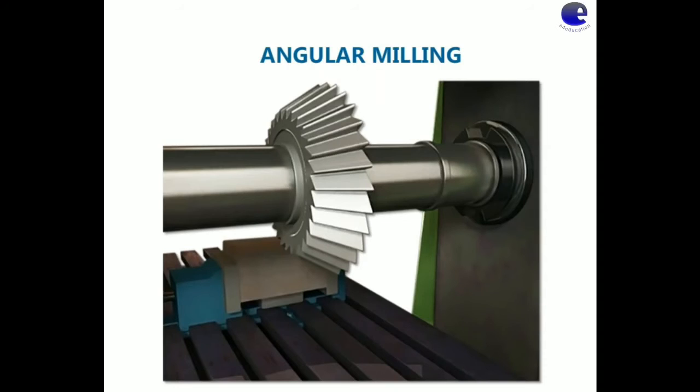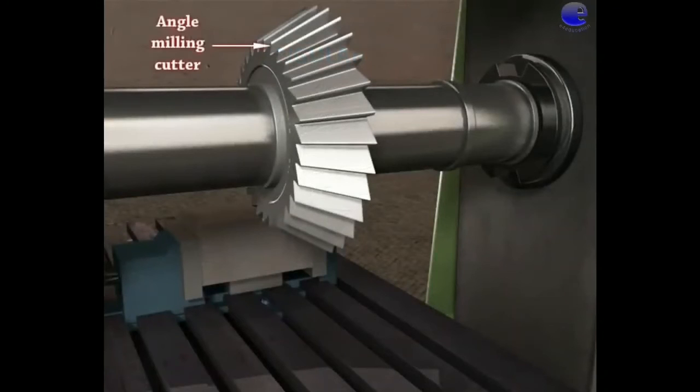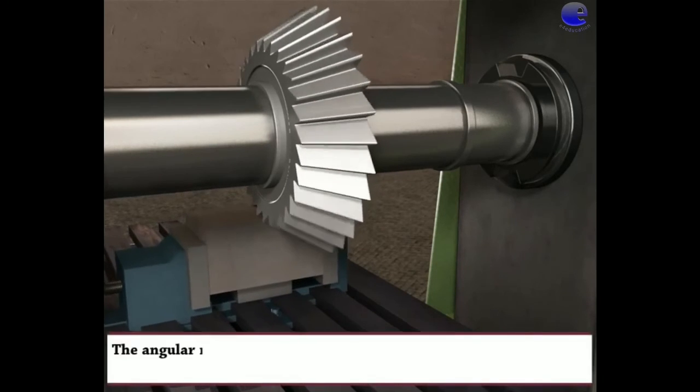Next we have angular milling. It is one of the different kinds of milling machine operation, operated by an angle milling cutter fitted on an arbor as you see in the figure. Now you can see the video.